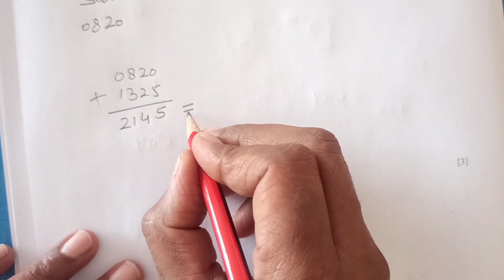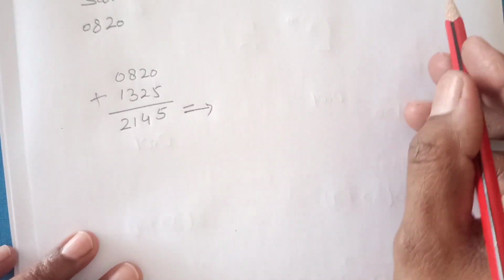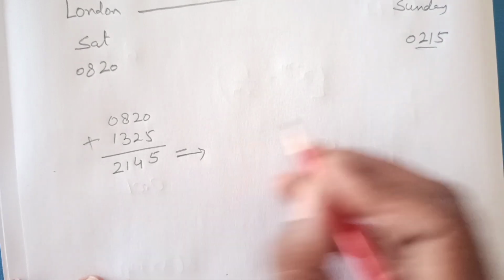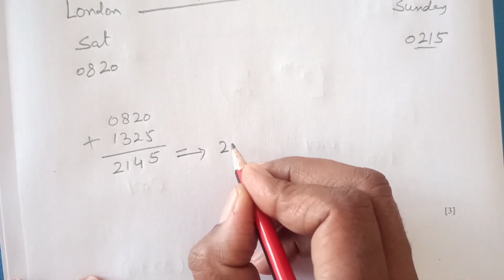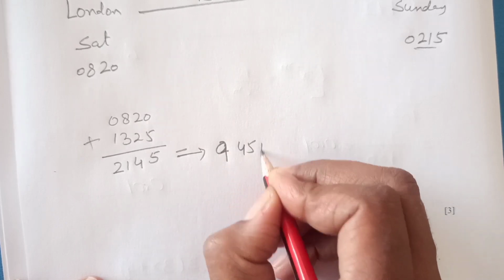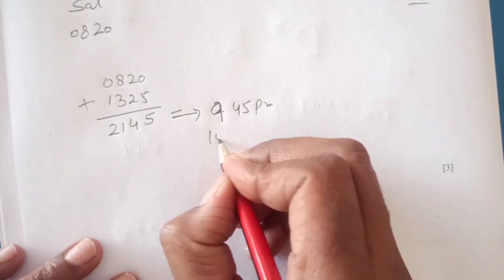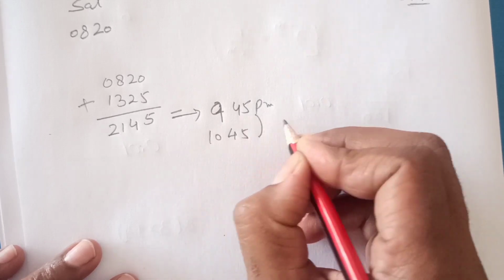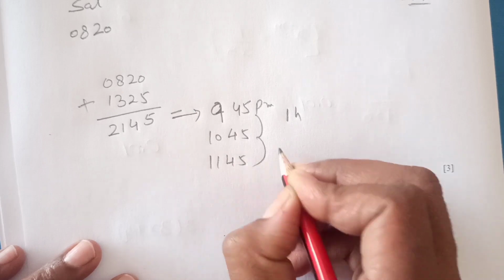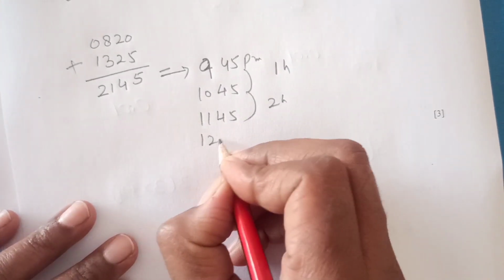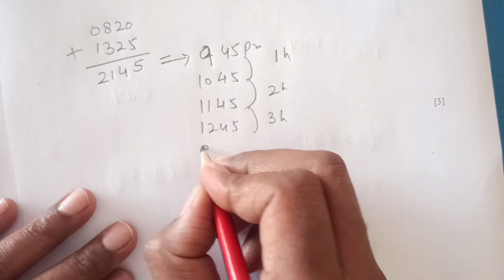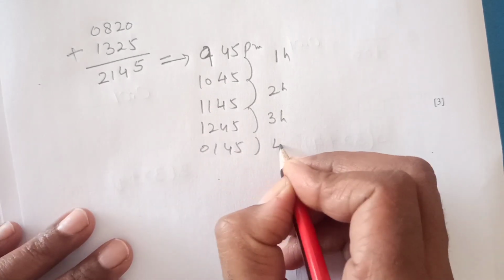So if we take from here, but it says it reaches at 2:15, right? So we will count the timing up to there. Let me write it down, 9:45 p.m., right? So 9:45 to 10:45, it's 1 hour. Then 11:45, 2 hours. 12:45, 3 hours, right? Then midnight 1:45, 4 hours.